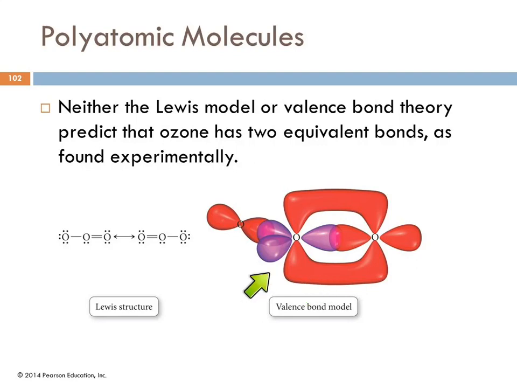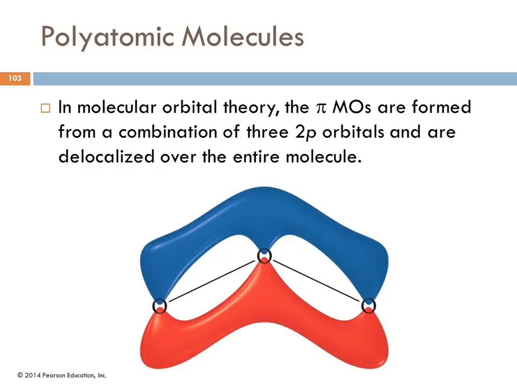Valence bond theory doesn't explain this either, because this is what you get from valence bond theory. You get this double bond, a sigma and pi bond between 2 oxygens, and a sigma bond between the other. And these bonds are not the same. So what happens in molecular orbital theory? Well, the pi molecular orbitals form from a combination of 3 2p orbitals, one from each atom, and they get delocalized over the entire molecule.